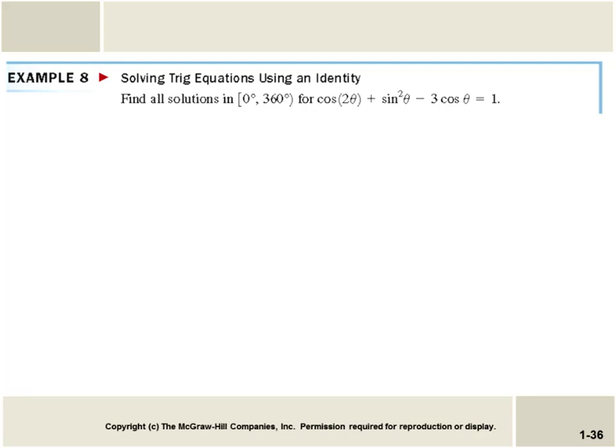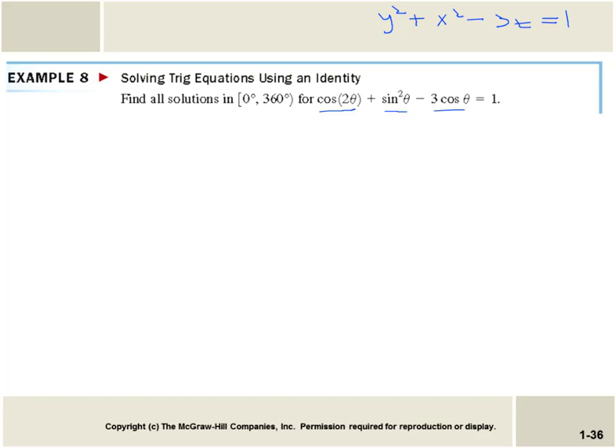So notice we have basically three different variables, don't we? We have a sine squared, a cosine, and a cosine of 2 theta. So we need to make it so that, like if we had y squared plus x squared minus 3z equals 1, I definitely can't find a solution for that, right? So I have to get it down to one variable.